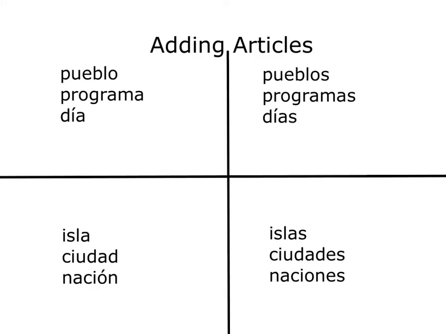But let's backtrack a little bit. What's an article? Definite article in English is just the, and indefinite is a, an, or some. Spanish has equivalents for these, and guess what? 4 noun cases, 4 of each of these guys.